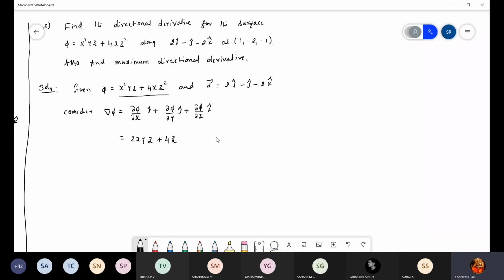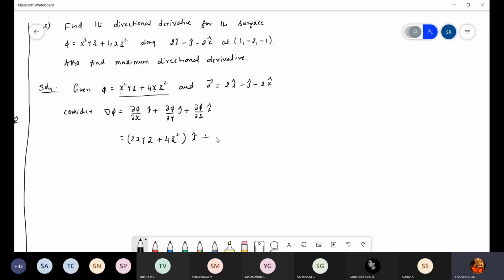Is it right? Because with respect to x, first term has x and second term also has x, so both are variables. Along with the variable, if there is another variable like y and z, treat it as a constant and keep it as it is. Differentiate only x. x square is 2x and in the second term x gives 1. So you will get 2x yz plus 4z square.